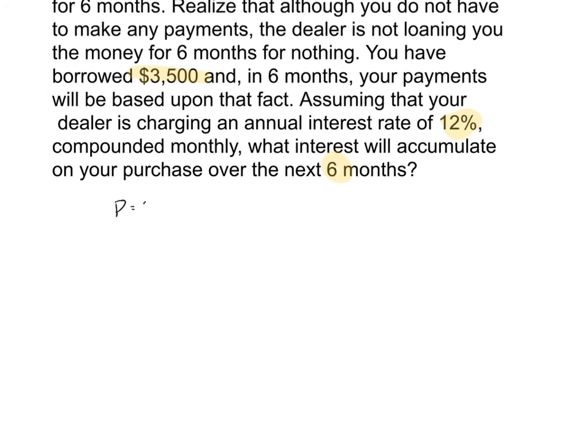P, our principal, $3,500, the amount that we're borrowing. R, the interest rate, is 0.12, 12%. M is how often that interest is being compounded or calculated or added on. 12, because they say the really important word, compounded monthly, something you have to look for in the problem.